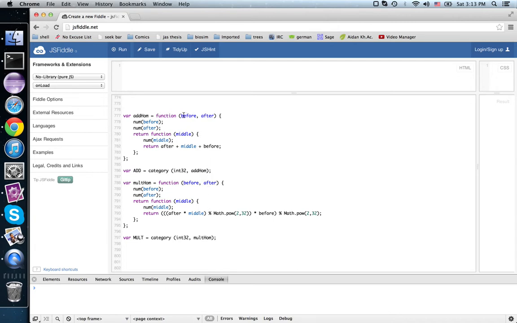So this has an element of a monoid being a morphism. So here I've got before and after and middle are all numbers. And the way I compose these numbers is using addition.